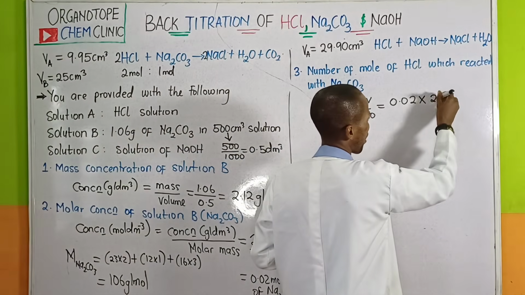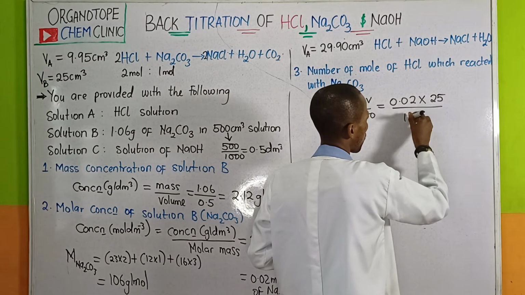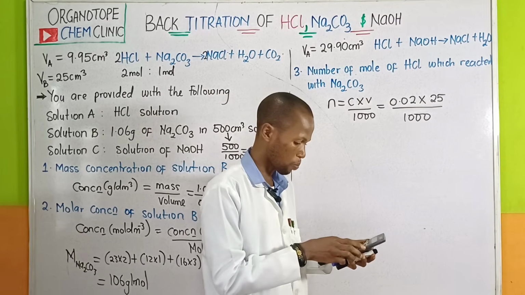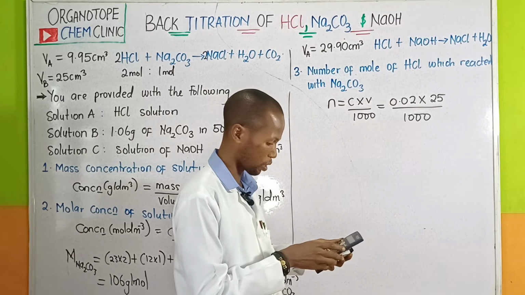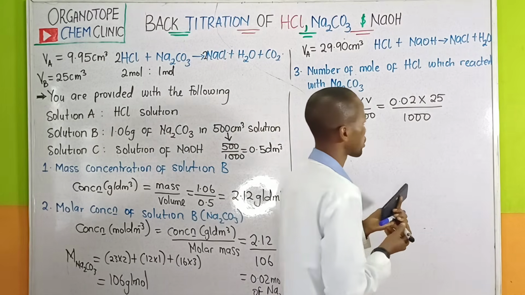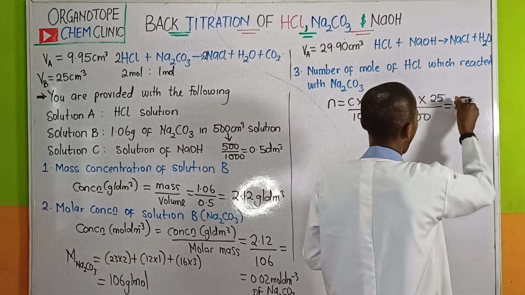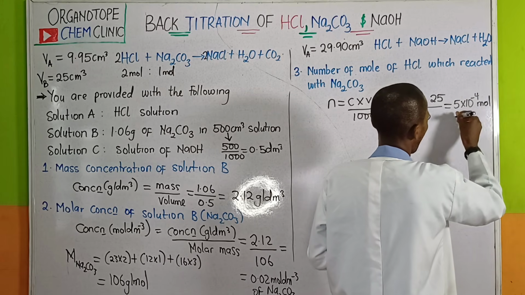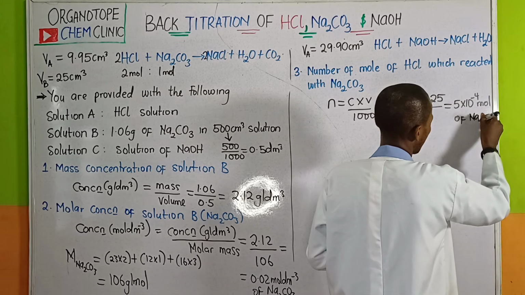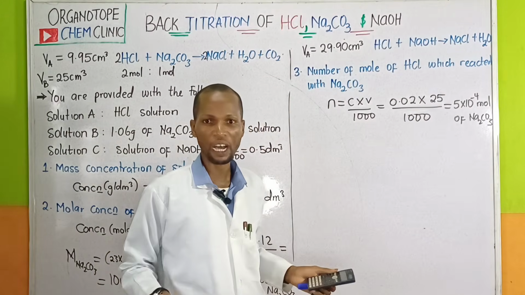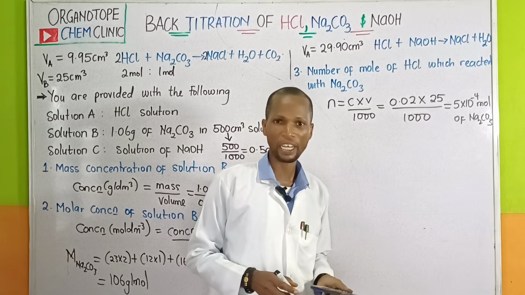So we have 25 divided by 1000 right here. So when you press the calculator, what do we have? 0.02 times 25 divided by 1000. So this will result in 5 times 10 raised to the power minus 4 mole of what? Sodium carbonate. Okay, that is the actual number of mole of sodium carbonate that reacted with hydrochloric acid.